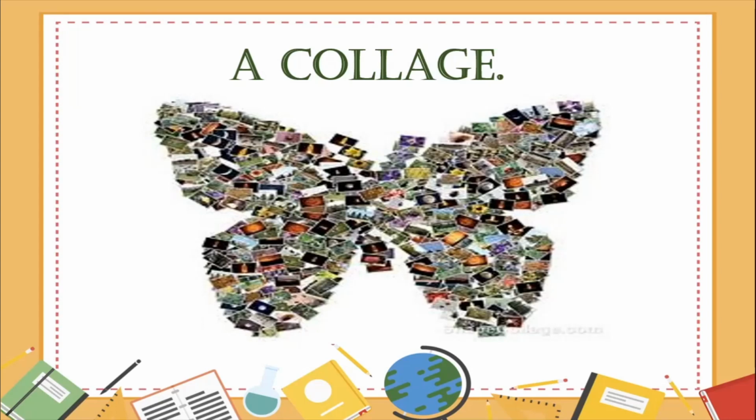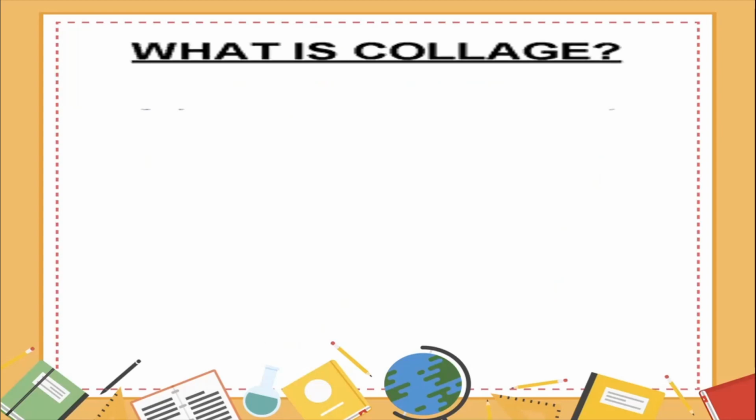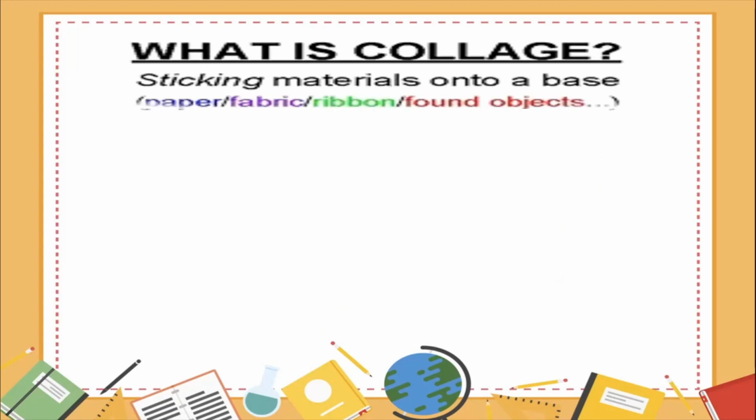So what is a collage, children? A collage is when you stick something onto a background. Okay, let me make it more clear here. So when you stick materials onto a base. Now, many of us do painting, isn't it? You'll use watercolors, you'll use crayon colors to paint.